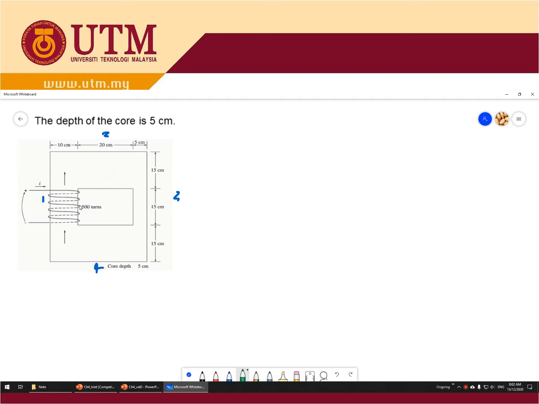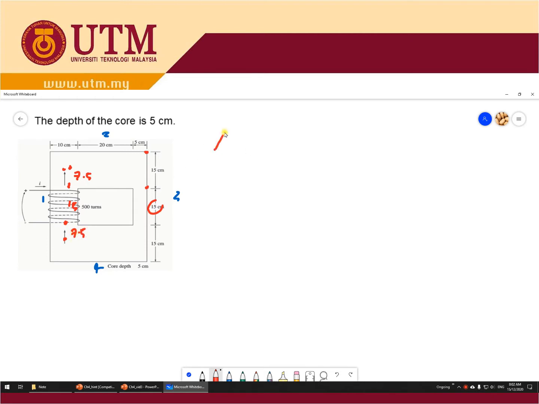We start with the first length. Remember the mean or effective length means you have to take the center. For this one, you can see this one is 15, so the center is 7.5. Here to here is 7.5, and here to here is 15, and this one to this one is 7.5.